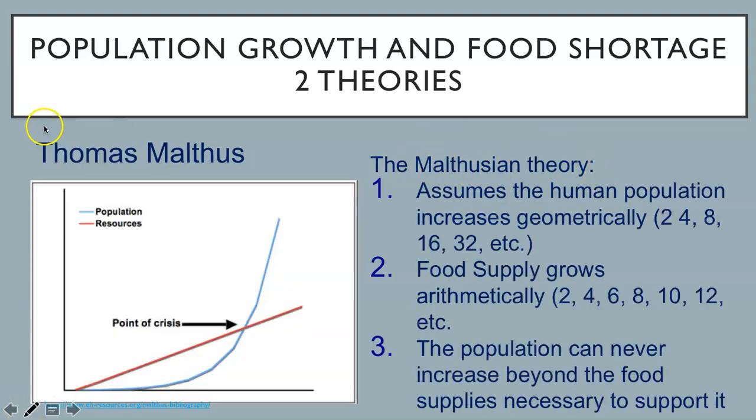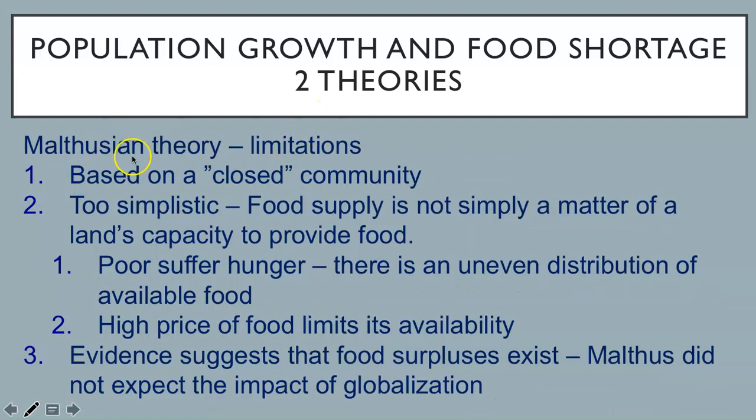The Malthusian theory, proposed by Thomas Malthus, assumes the human population increases geometrically, 2, 4, 8, 16, 32, and that food supply grows arithmetically, 2, 4, 6, 8, 10, 12, etc. The population can never increase beyond the supplies necessary to support it. When the population reaches the critical point, there will be war, famine, and disease. There will be crisis.